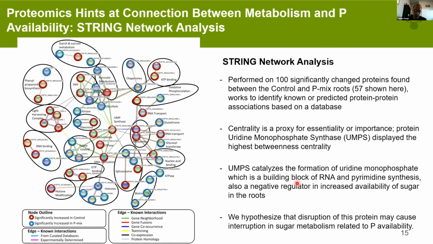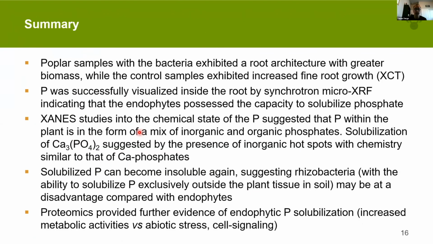It is known that plants tend to deliver sugar to the roots, and the disruption of this protein is related to the phosphorus availability, and so that should provide a further evidence that this endophytic activity is existent in the PMIX group compared to the control.